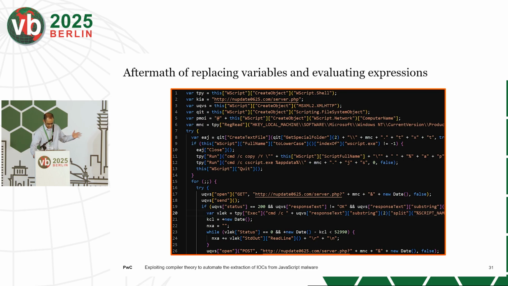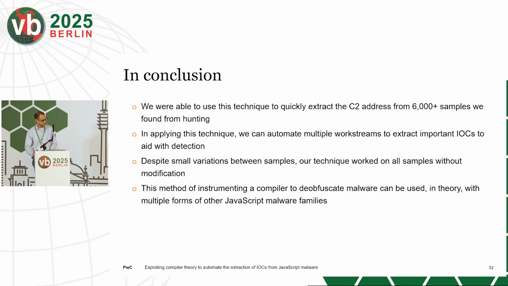So this here actually ends our summary of how you could go about using Babel to deobfuscate JavaScript. And using this technique, we were able to automate the extraction of the C2 address from just over 6,400 samples, which, as you can imagine, allows us to provide a much more complete picture to SOC analysts and incident responders.